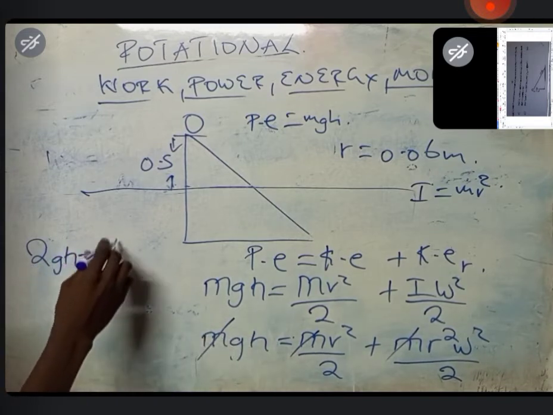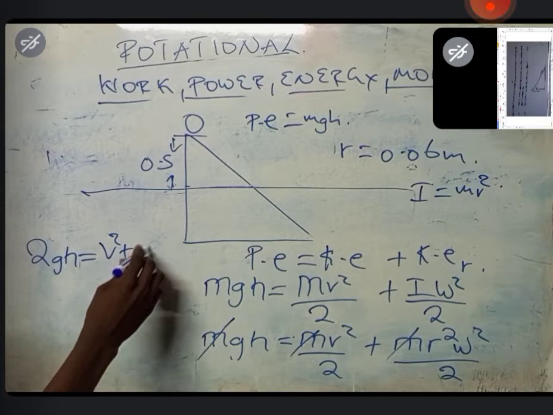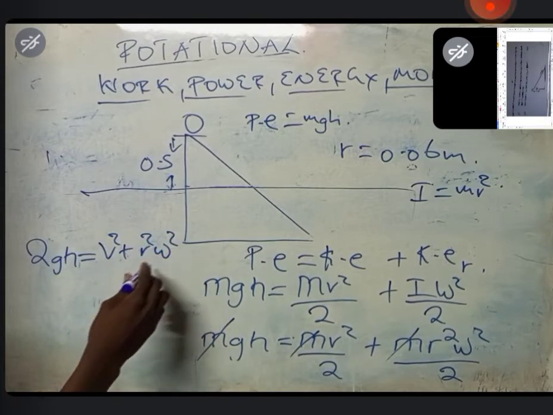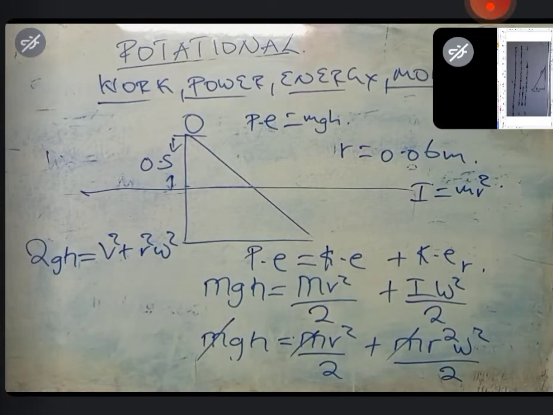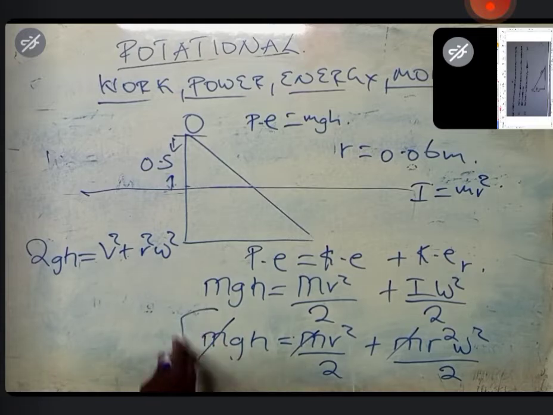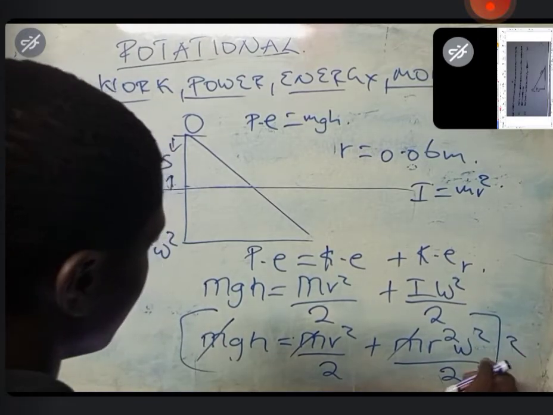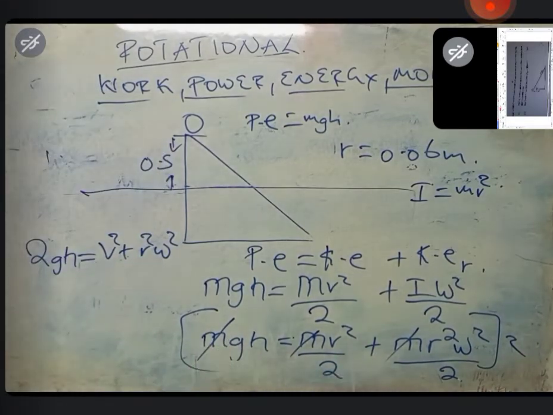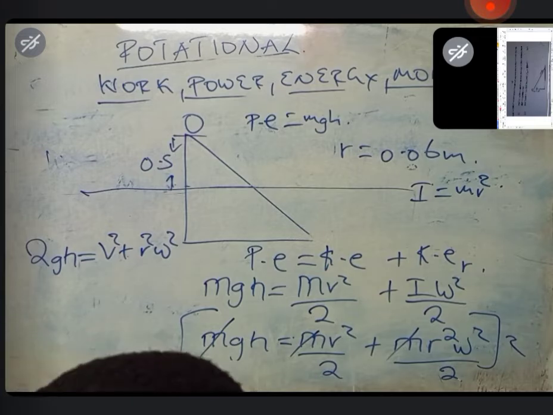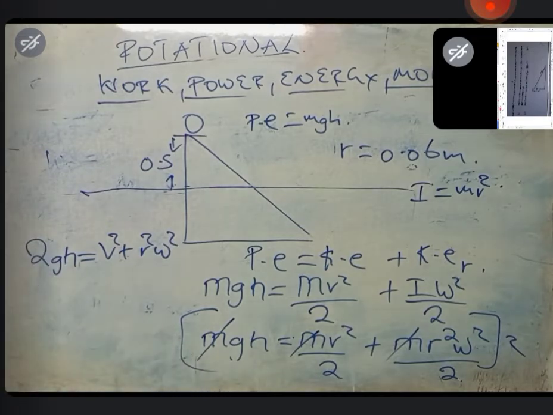There you're remaining with v squared plus r squared omega squared over, the 2 has already gone because we multiplied by 2. So here it's divided, and there it is 2gh. The question is asking us to find the linear speed, so we don't want to see omega there.